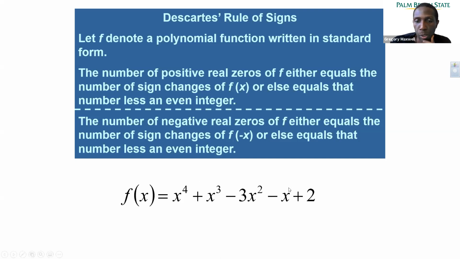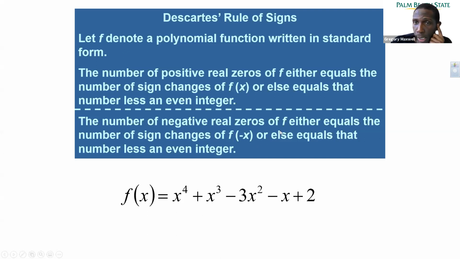So Descartes' rule of signs says if you look at how many sign changes you have, that will tell you how many positive roots you'll have, or an estimate of how many. Either you have that number of positive roots or an even number less. In this case, we have 2 positive roots or 0 positive roots.